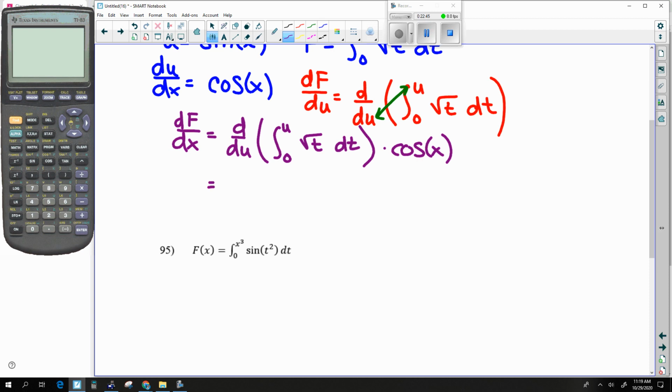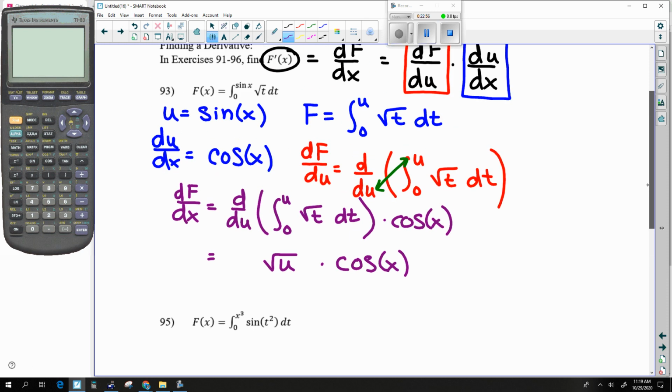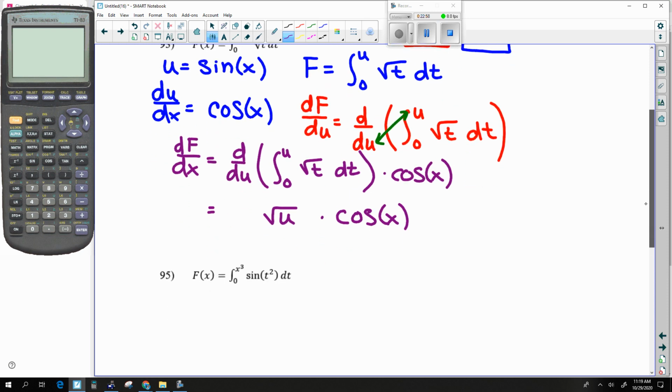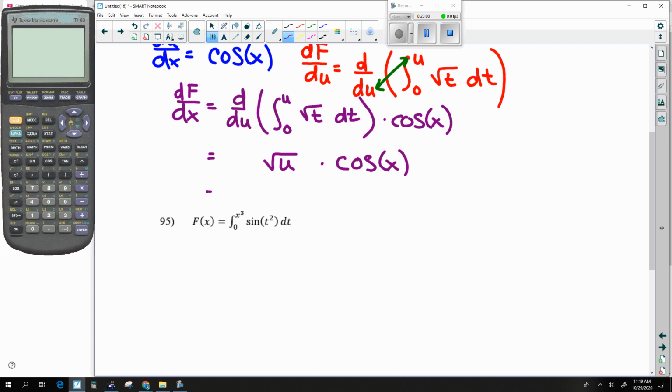Okay, so this is going to be the square root of u, just second fundamental theorem of calculus, times cosine x. Now we reverse substitute. u is the same thing as sine x. So this is going to be the square root of sine x times cosine x.